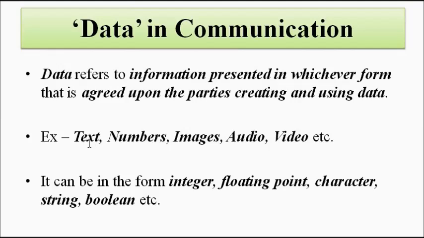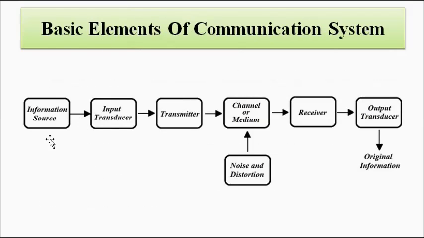It can be text, numbers, images, audio, video. It can be in the form of integer, floating point, character, string, boolean data, special characters. So it can be anything. These are some examples of information which are used in the communication system. There is a wide range that we can cover here, but here we just discuss some basic things related to it.